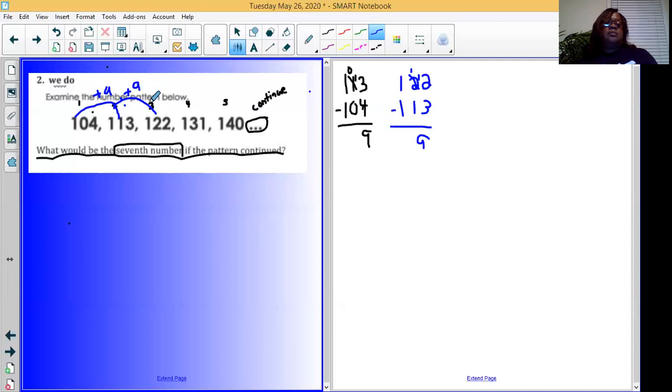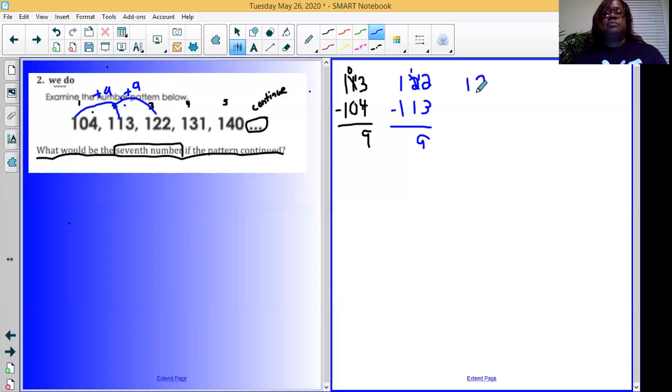All right, let's see if we take the 122 and add 9 to it, if we'll get 131. See if that happens. So we're going to take the 122 plus 9.